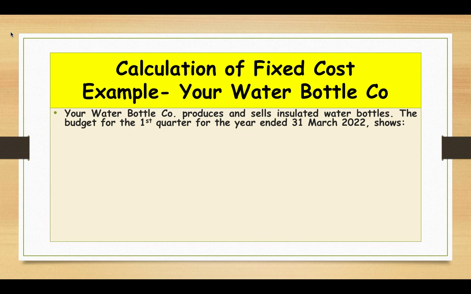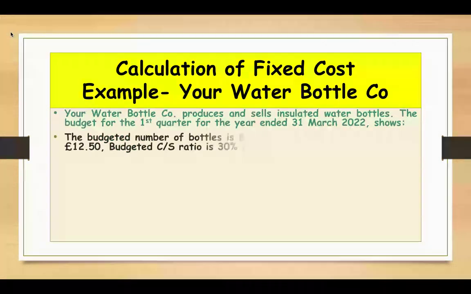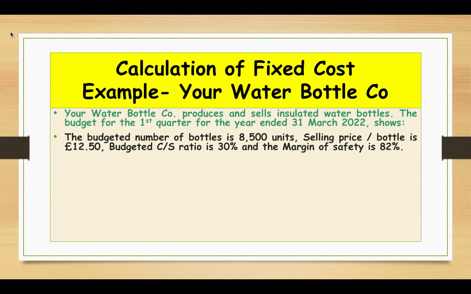The budget for the first quarter for the year ended 31st March 2022 shows the budgeted number of bottles is 8,500 units. So this is the maximum number of bottles they're planning to sell for that quarter. Selling price per bottle is £12.50. Budgeted contribution to sales ratio is 30%, and the margin of safety is 82%.